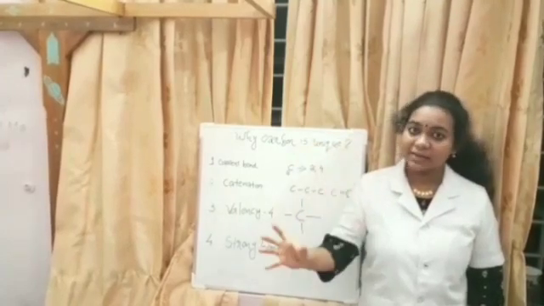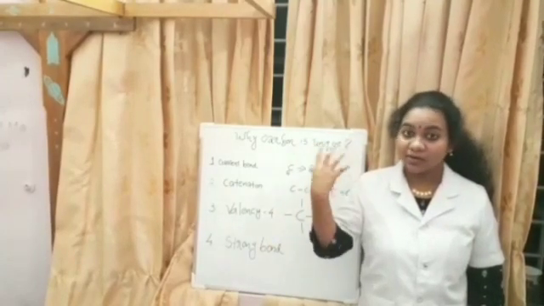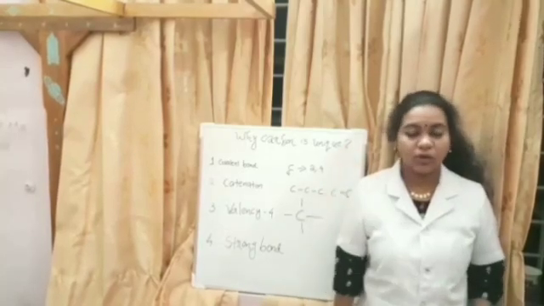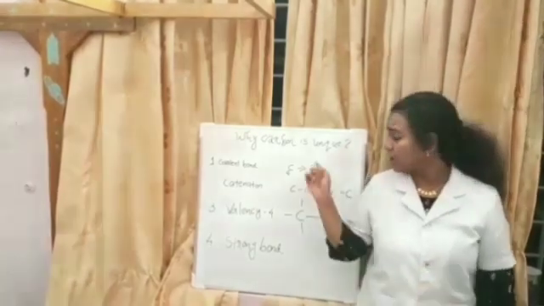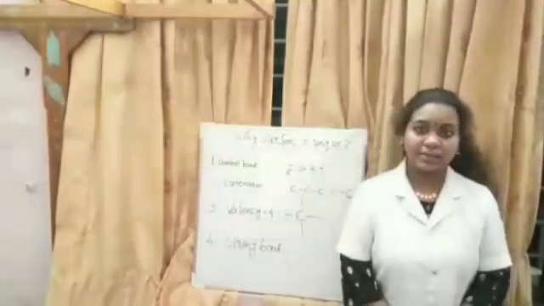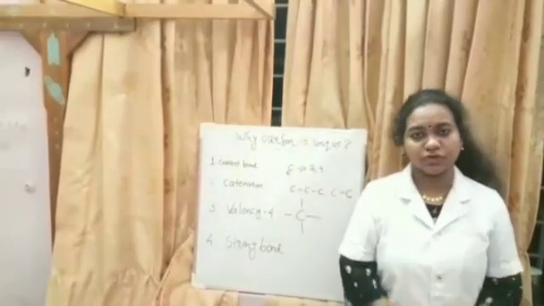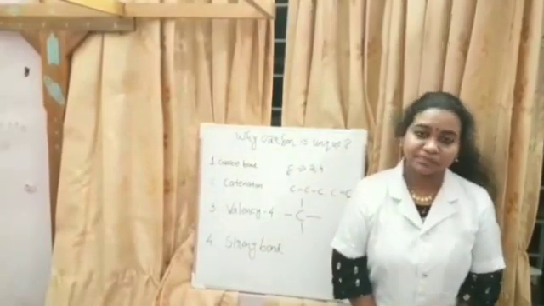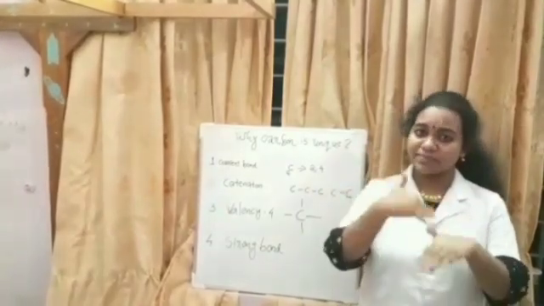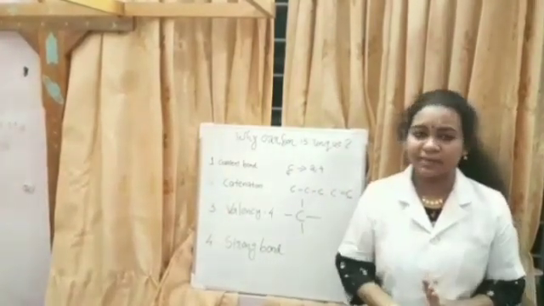So carbon's outermost shell having only 4 electrons is not stable. It needs 4 more electrons for stability. If it donates 4 electrons or accepts 4 electrons, it can attain stability.